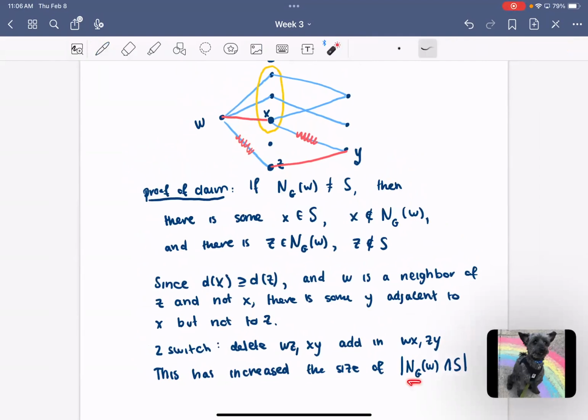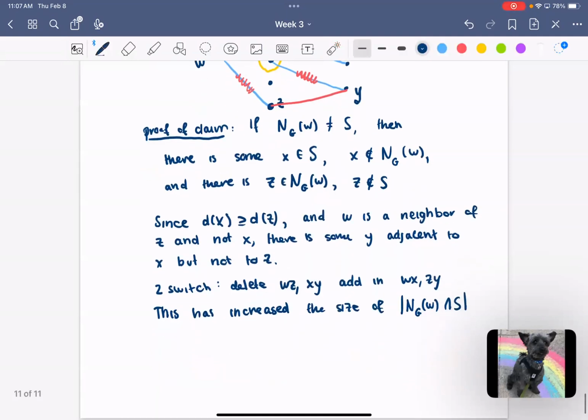It has to terminate because the size of this is at most the degree of W. And then eventually we will have that the neighborhood of W is equal to S. Okay, so that finishes the proof of the claim.